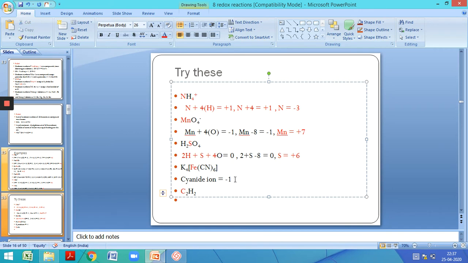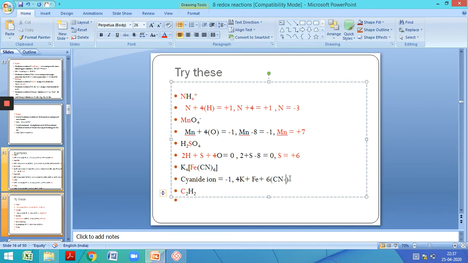So I can use this rule that the sum of oxidation numbers of polyatomic ions is equal to the charge on the ion. So 4 times the oxidation number of potassium plus the oxidation number of iron plus 6 times the oxidation number of CN minus.